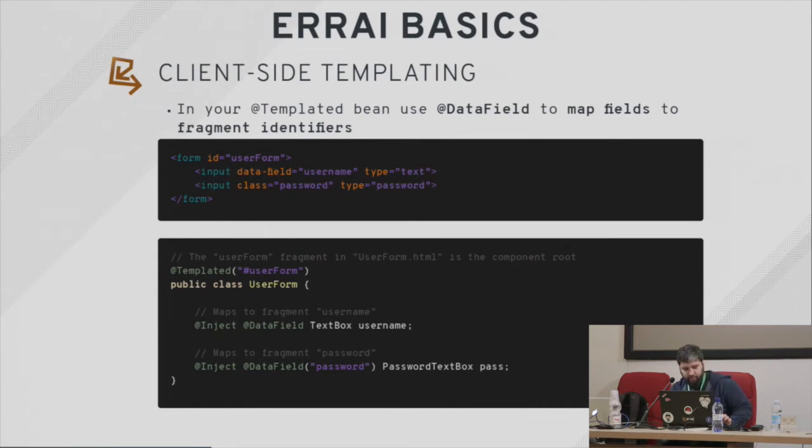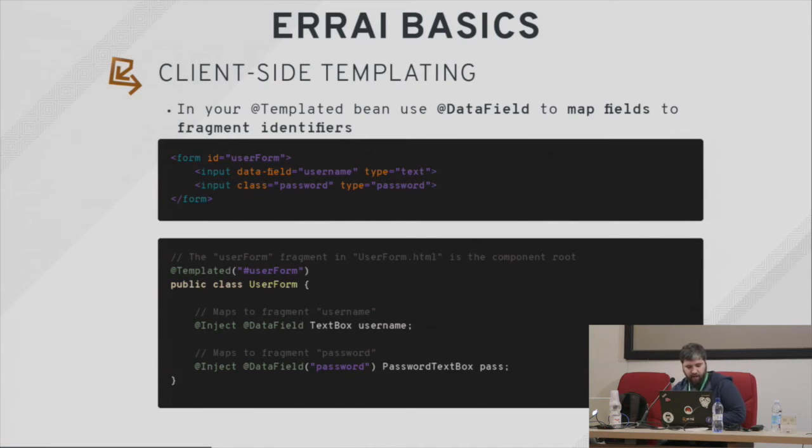And you can also, like below for the password text box, specify the fragment ID as part of the annotation, which is useful if your fragment identifier has hyphens or other characters that you can't put in a Java field name.